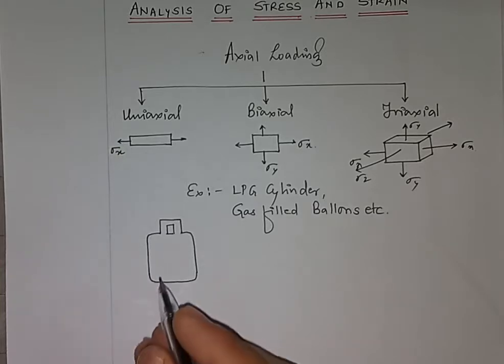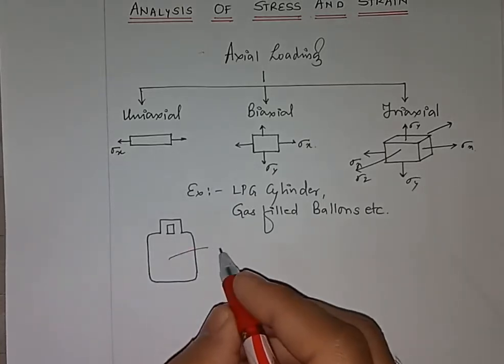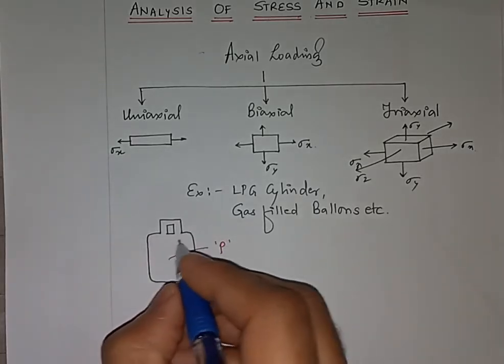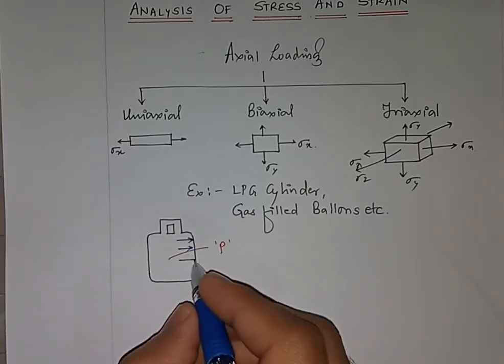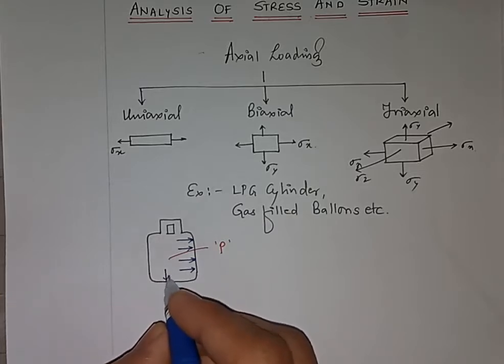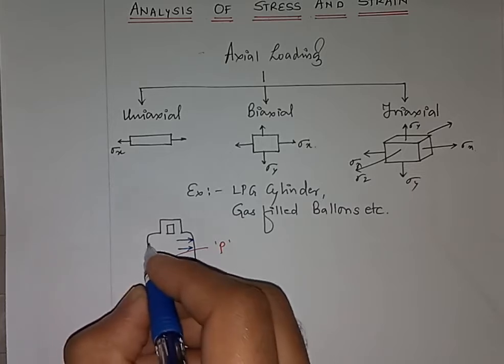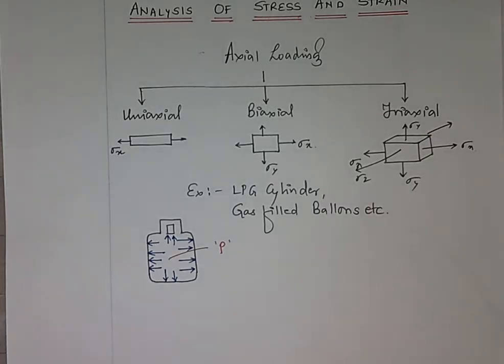Now it will be having a gas inside, so that gas will be at some pressure P. This gas which is present inside the LPG cylinder will be causing this pressure P such that the pressure P will be acting perpendicular to the contact surface.